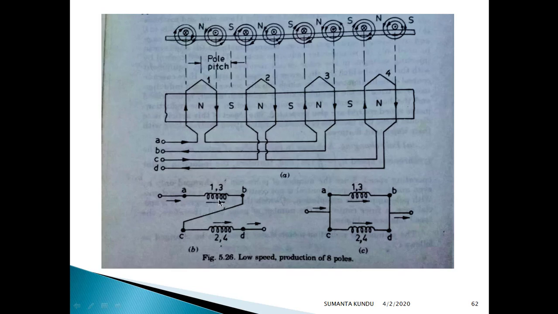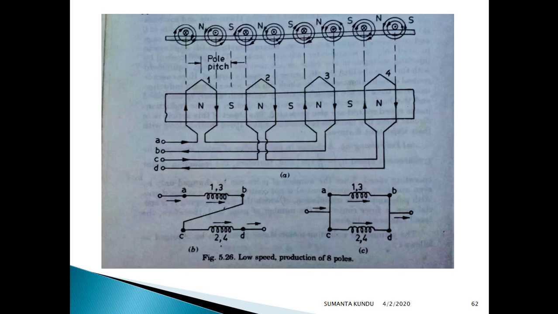So two distinct coils are formed. Now if the terminals B and C are connected as shown in this figure, 4 coils become in series.